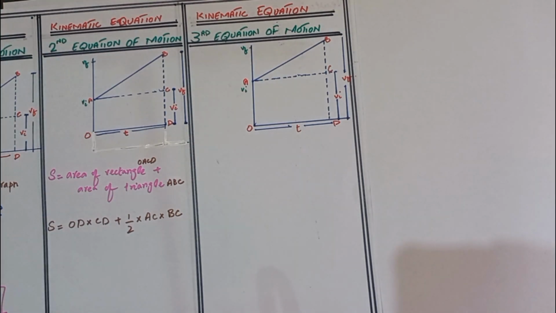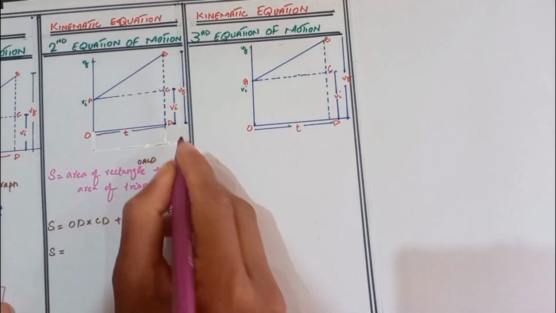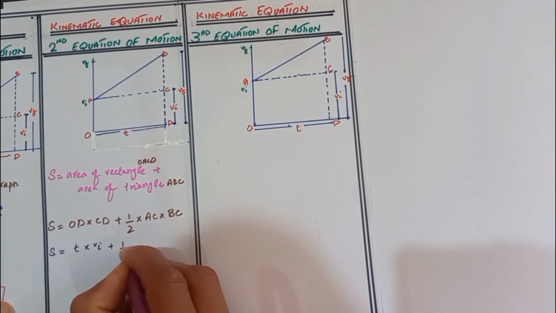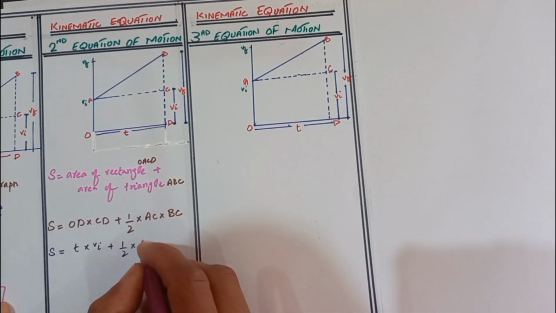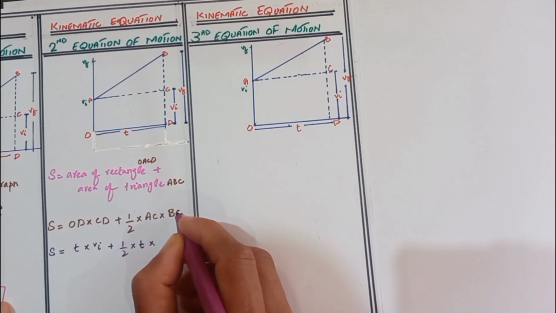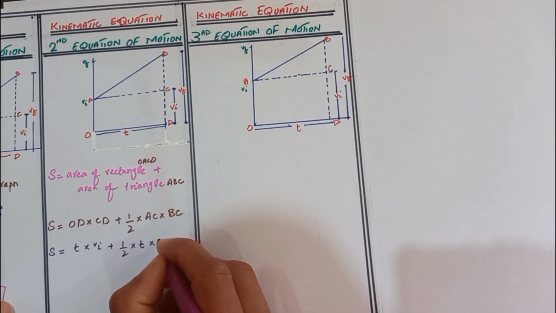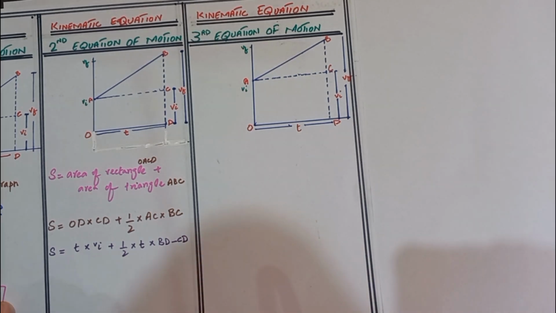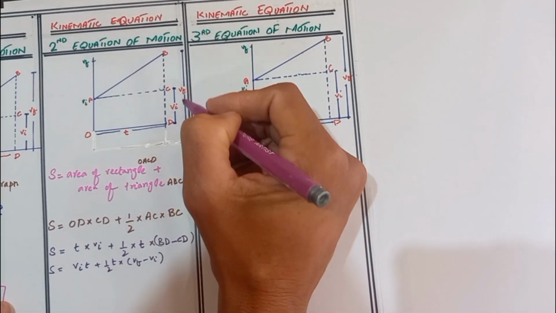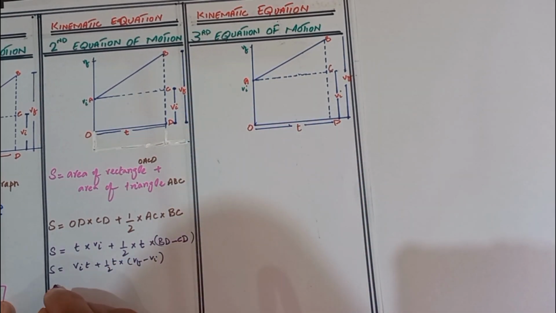So OD is equal to t, and CD is equal to Vi, plus half AC, which is equal to t, multiplied by BC, which is BD minus CD. So you can write it as Vi t plus half t multiplied by Vf minus Vi, where BD is equal to Vf and CD is equal to Vi.